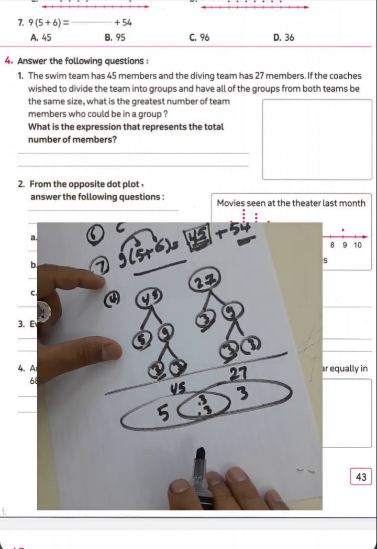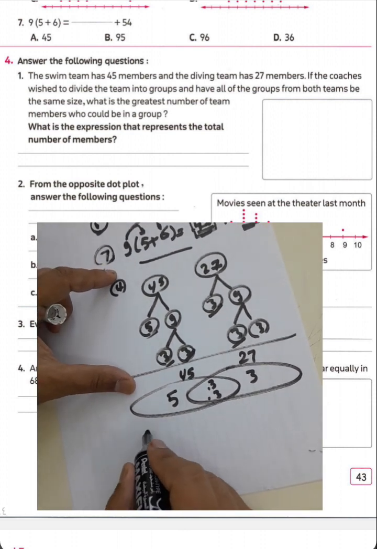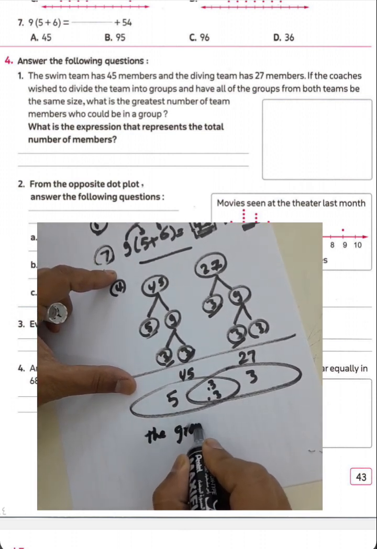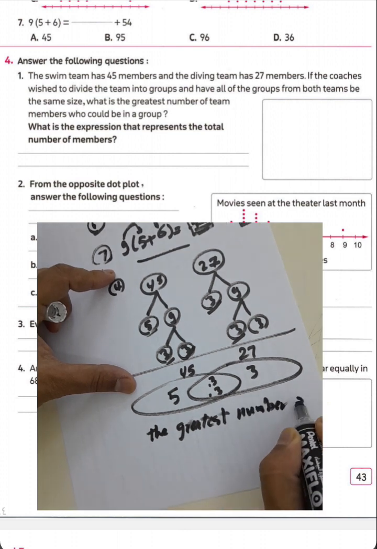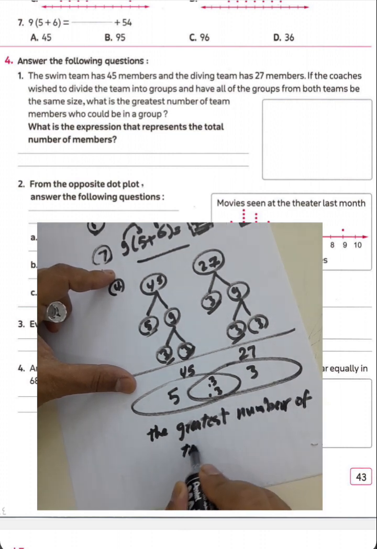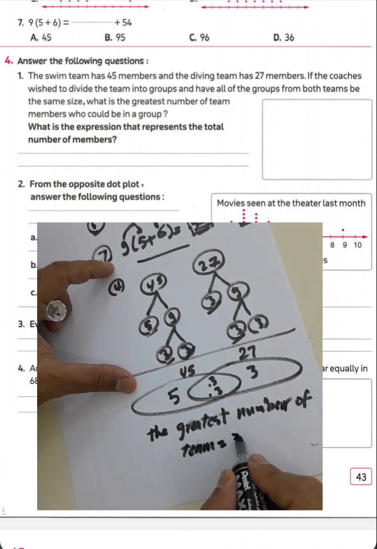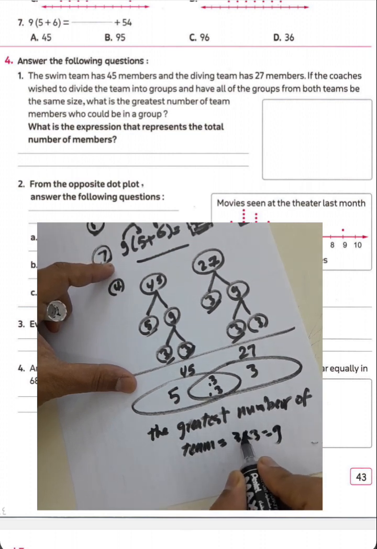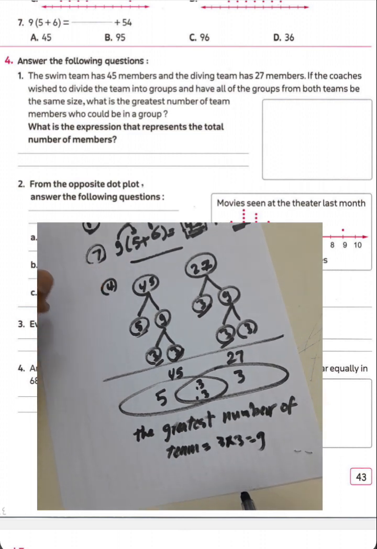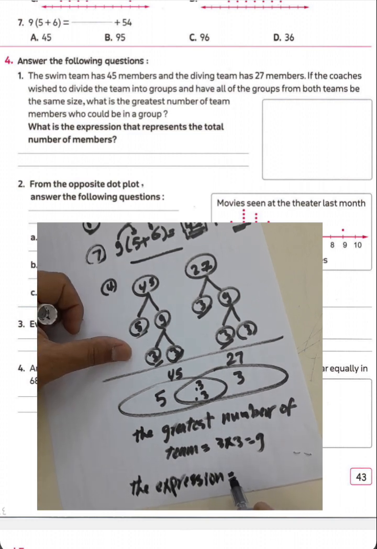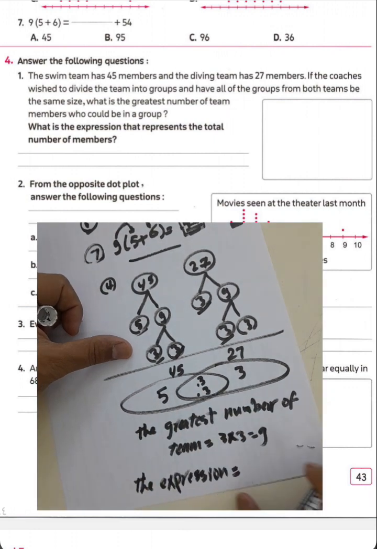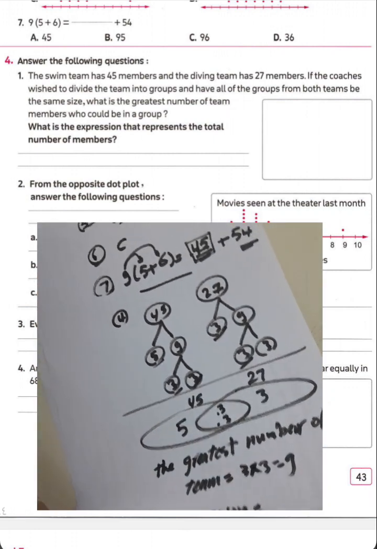To find the greatest number of teams, we can write the number of teams equals 3 times 3, equal 9. And then the expression: we can write 45 plus 27 equal what?